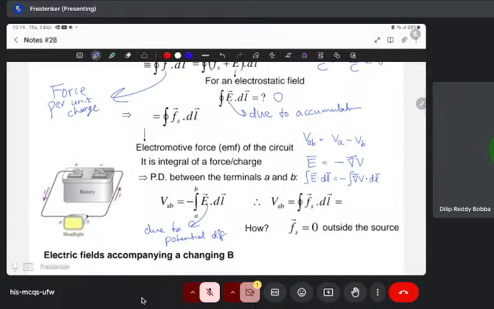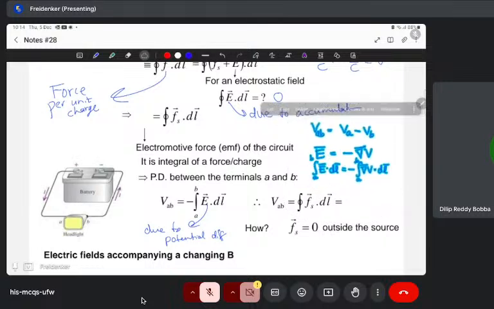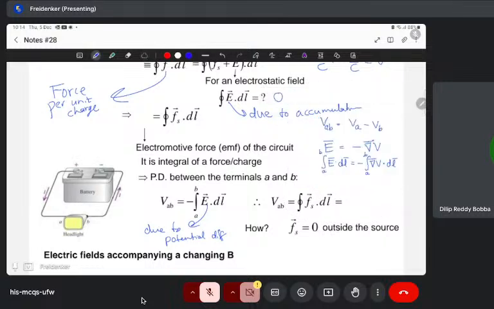Let's say it's from A to B. This is also from A to B. I have to apply the gradient theorem here.